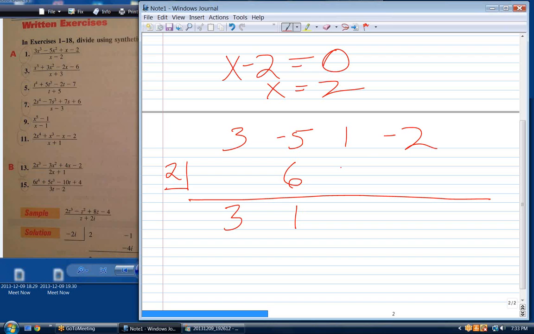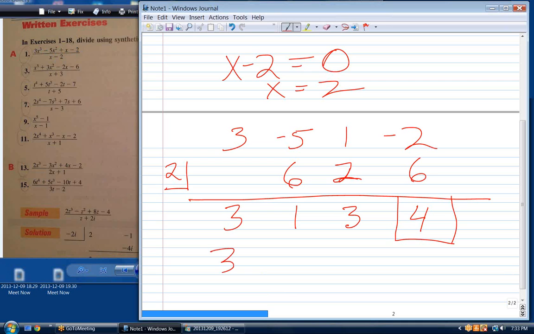Now we multiply 2 times 1, put it there. Add those two. Multiply 2 times 3, put it there. Add those two, and that's your remainder. So notice that if we take a cubic and we divide it by a linear, we get a quadratic.